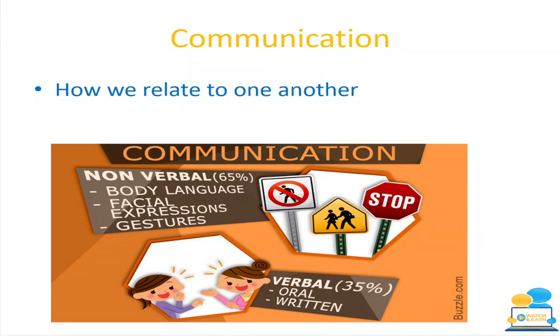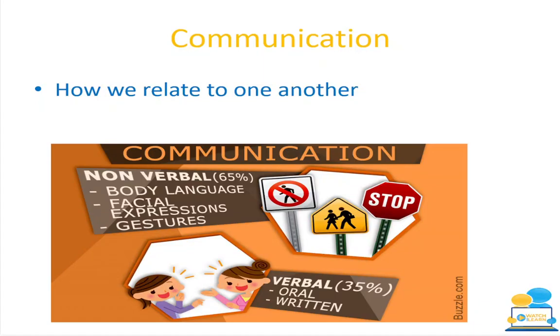So for example, during COVID, when we all had to wear masks, it was very hard to see what people were feeling. When you talk, your face moves and it smiles, and that's how we're able to tell how a person is feeling when they're answering a question. It's very hard to actually understand and read people when you can't see their face. And that was a barrier during COVID because we had to wear our masks.